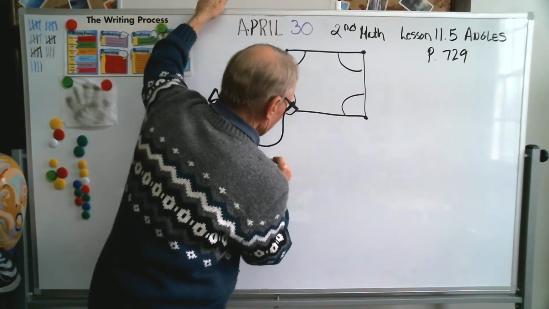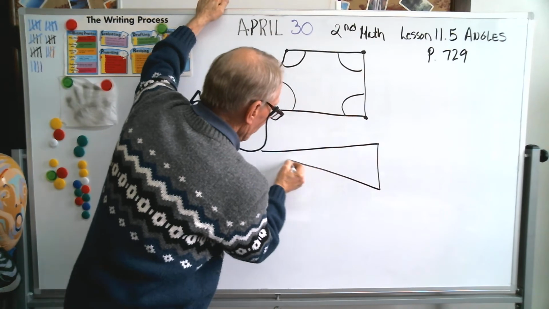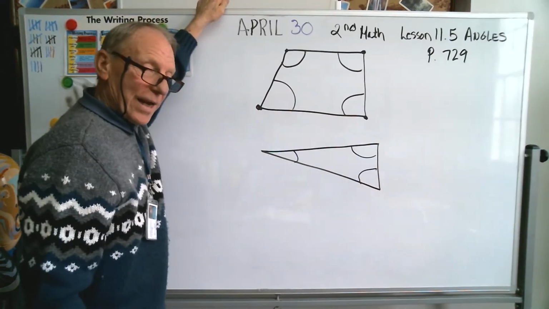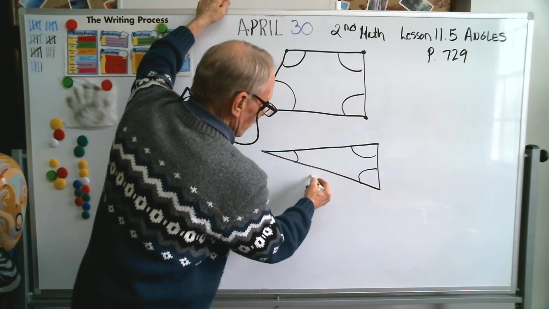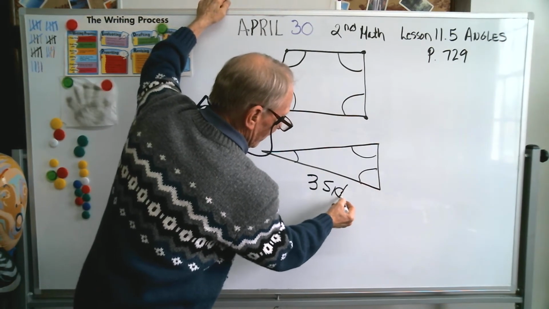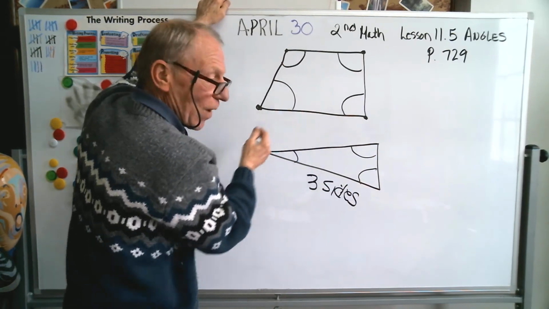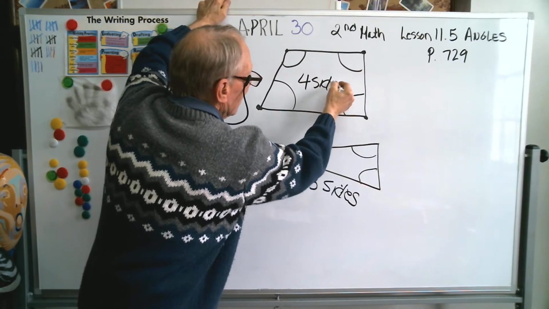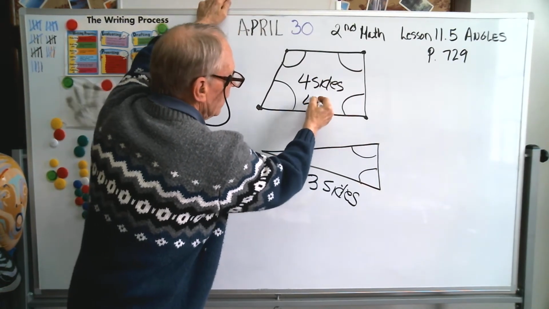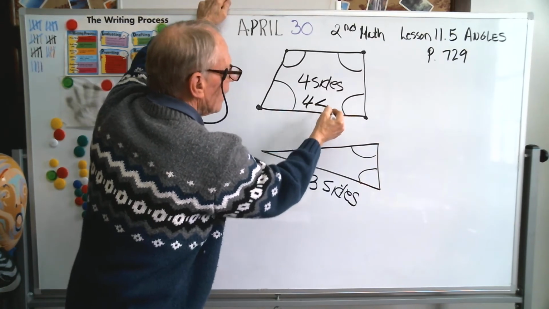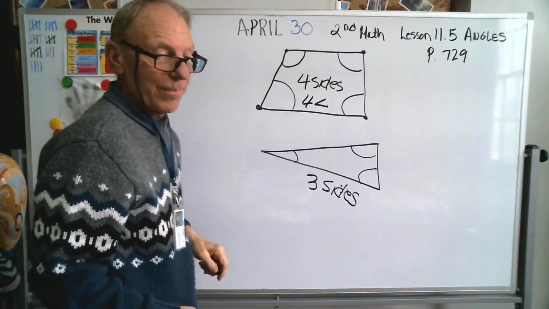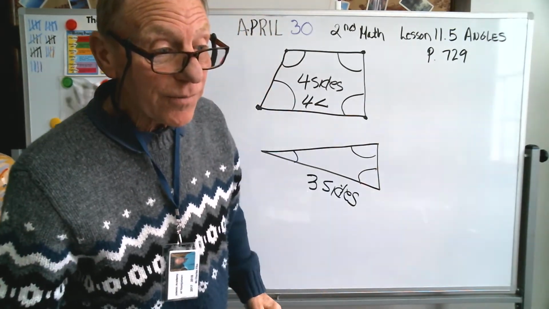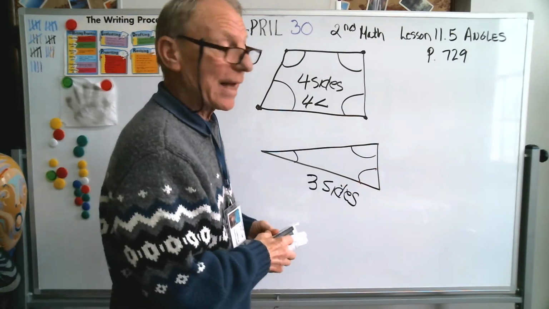A triangle, for example, like it shows you in the picture, has 3 angles because it has 3 sides. This quadrilateral here has 4 sides. So it has 4 angles. That's pretty easy to figure out, right? If you can count the sides, you can tell me how many angles are in that shape.